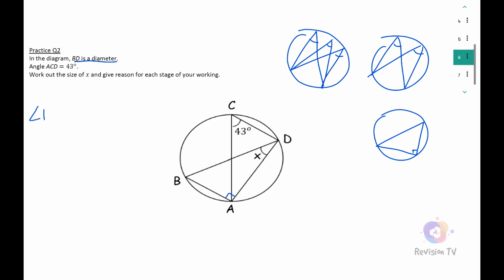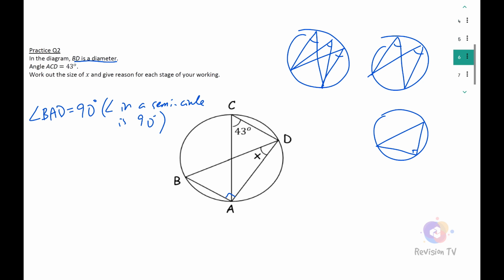So we can say right in here, angle BAD is 90 degrees. The reason being is angle in a semicircle is 90 degrees. So you'll probably get 1 mark already based on this line, or actually 2 if you got the final answer correct, because 1 mark for working out 90 degrees, and 1 mark for telling the reason.